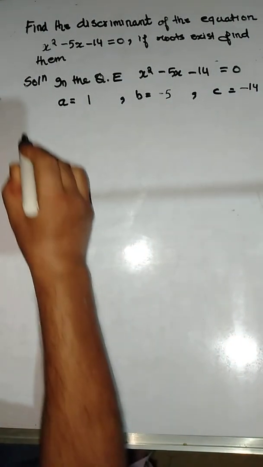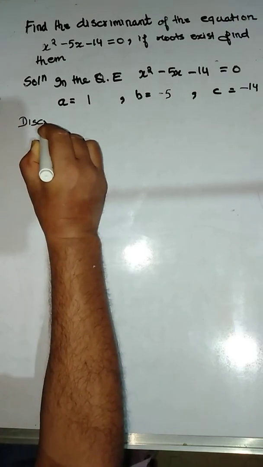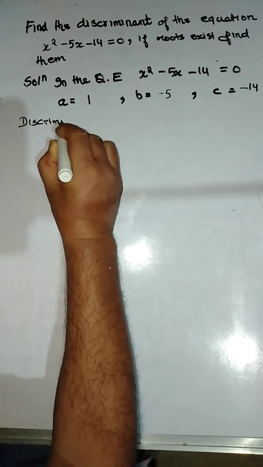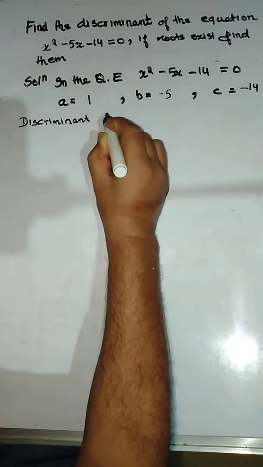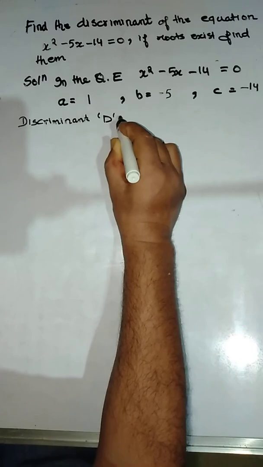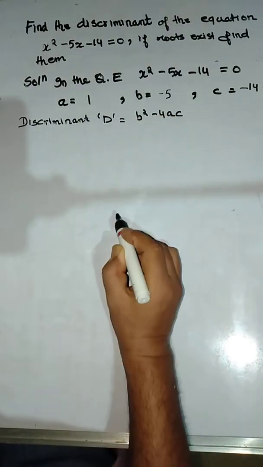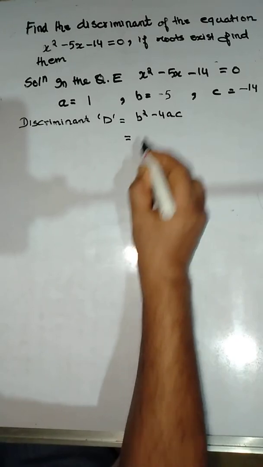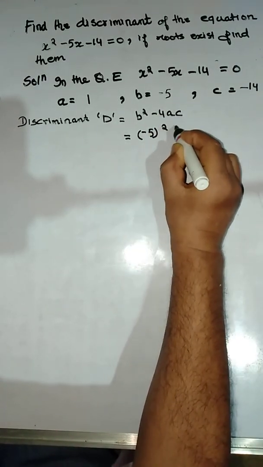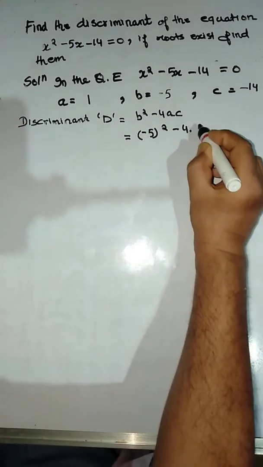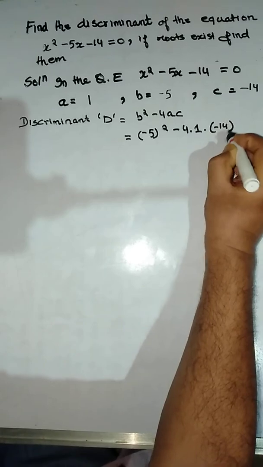Then you bring out the discriminant and you write here discriminant. It will be understood by the evaluator. Discriminant d is equal to b squared minus 4ac, which is equal to minus 5 whole thing square minus 4 into a, which is 1, into c, which is minus 14.